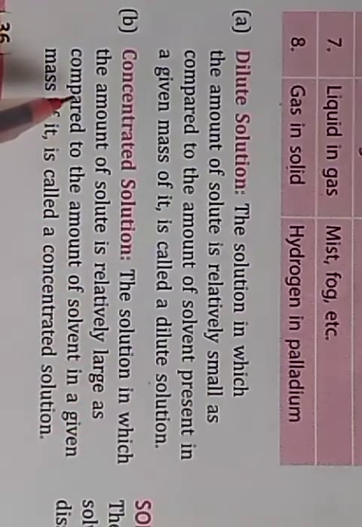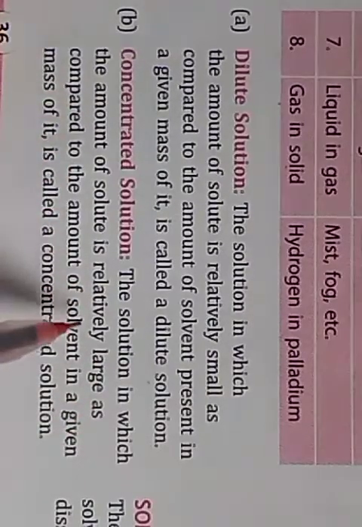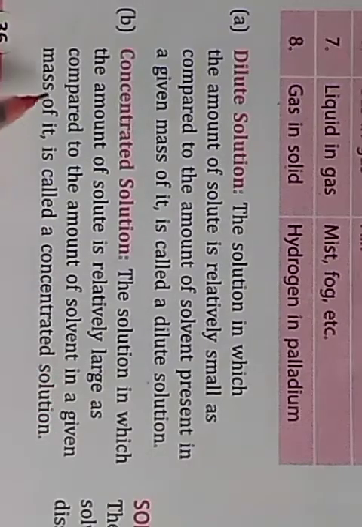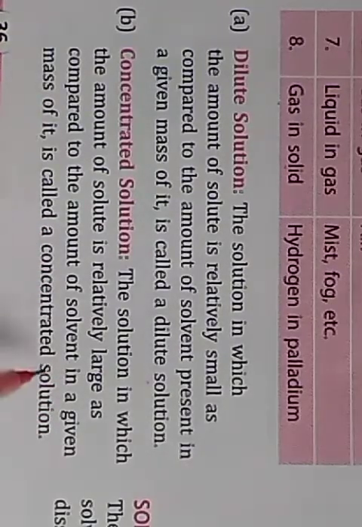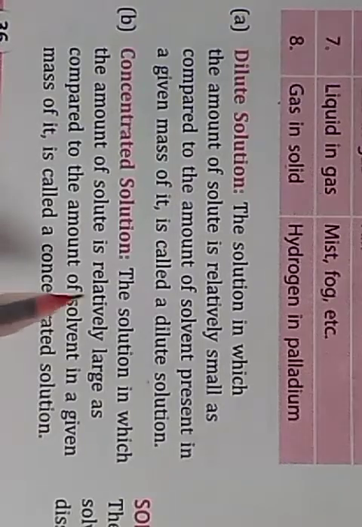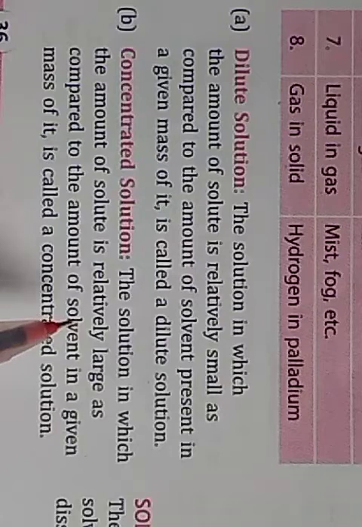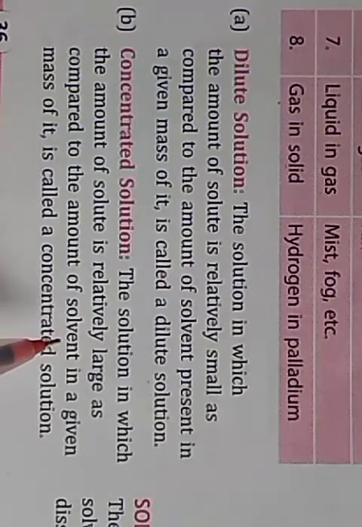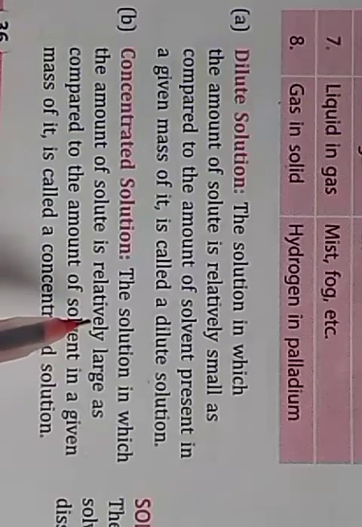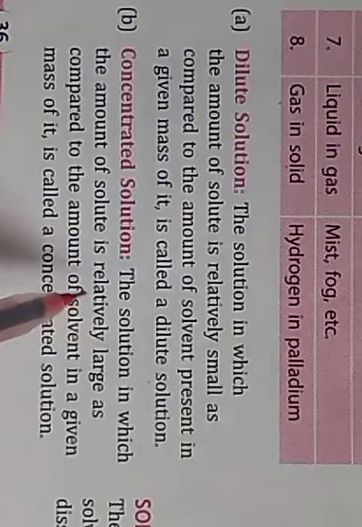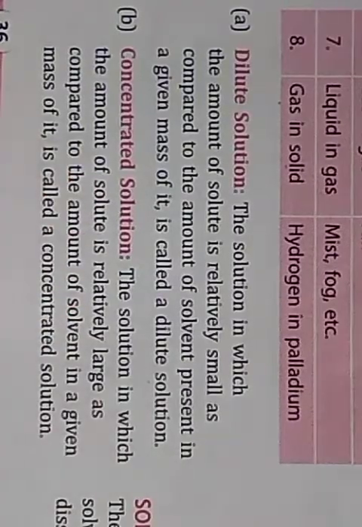The solution in which the amount of solute is relatively large as compared to the amount of solvent in a given mass of it is called a concentrated solution. If the amount of solute is relatively large as compared to the given mass of a solvent, that solution is called the concentrated solution.